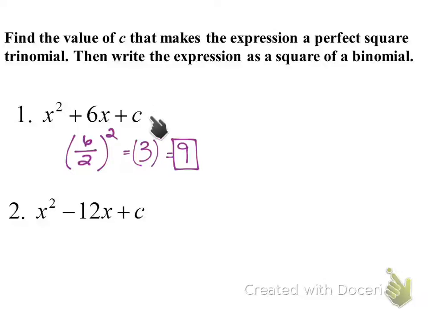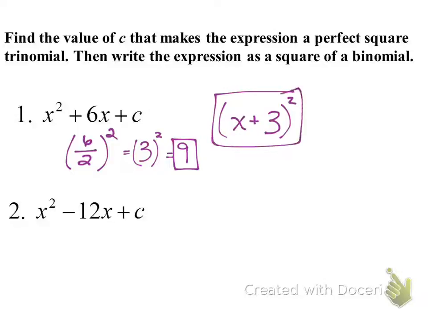9 completes this square, but then let's write the expression as a square of a binomial. So this expression would become x plus, well, if I divided this into 2 to figure out the side length, it'd be x plus 3 squared. So take negative 12, divide it into 2 for 2 locations, and then look at the square.